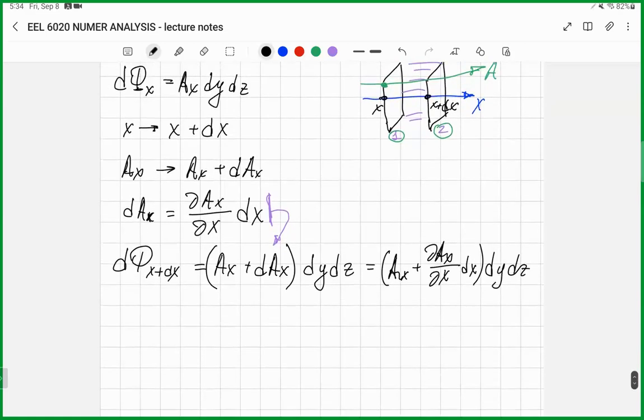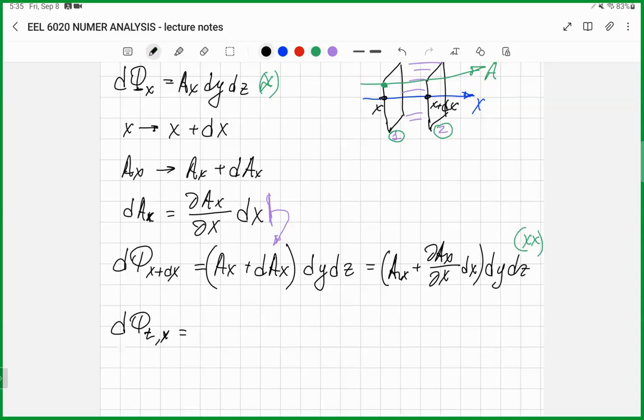Okay, and so this is the flux through the second surface, and as I said, in order to obtain the total, let's put this t index, so it denotes total flux through the element of the volume orthogonal to the axis x. So that's why I put this x here. So it's the difference. I subtract this one from the second one.